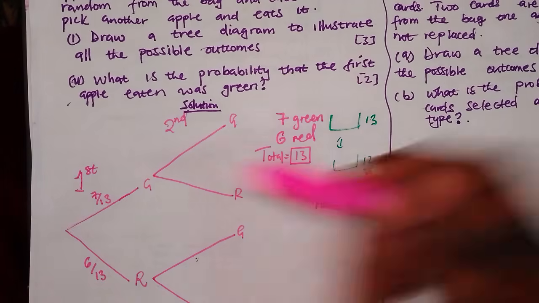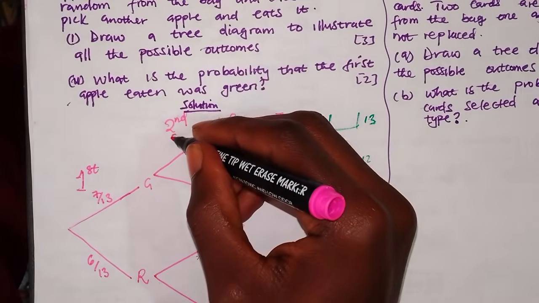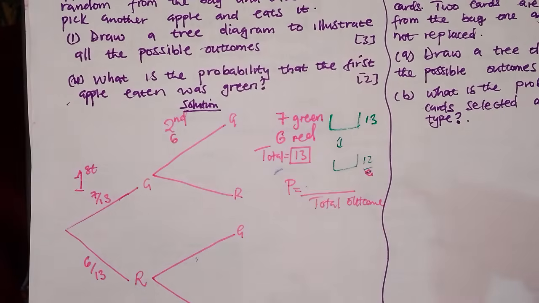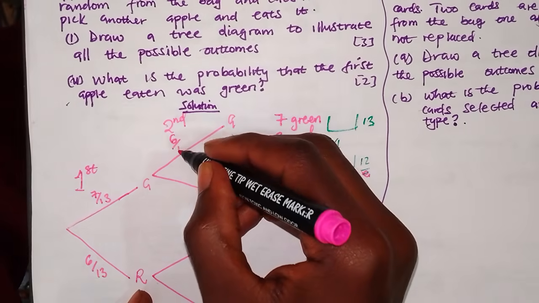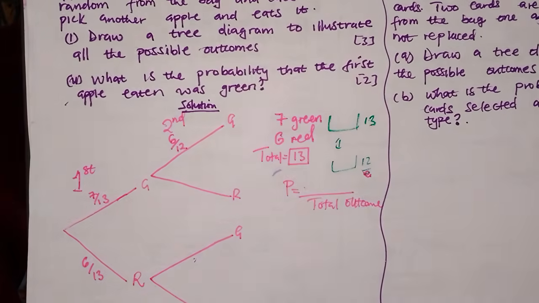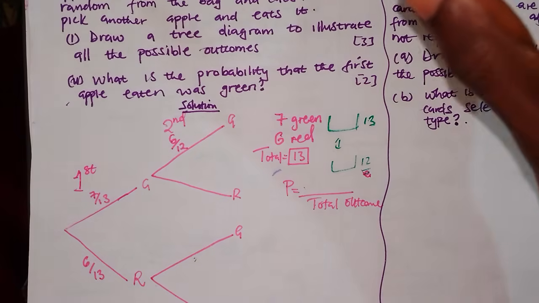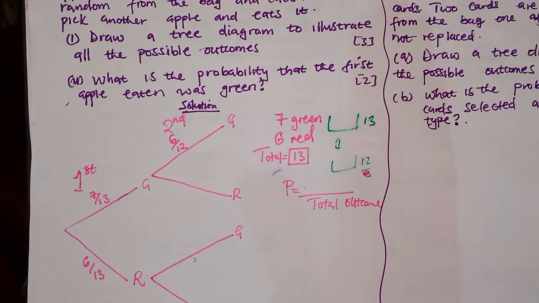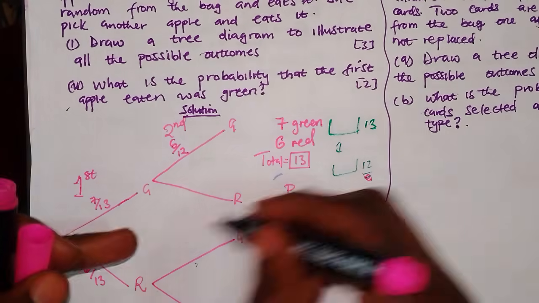There were 7 apples, meaning in the second pick we have 6 green apples, because in the first she ate 1, meaning there remained 6 out of 12. So even the total reduced. But now ask yourself, what if she ate a green apple in the first, then in the second she ate a red? So red won't change. Red won't be affected.